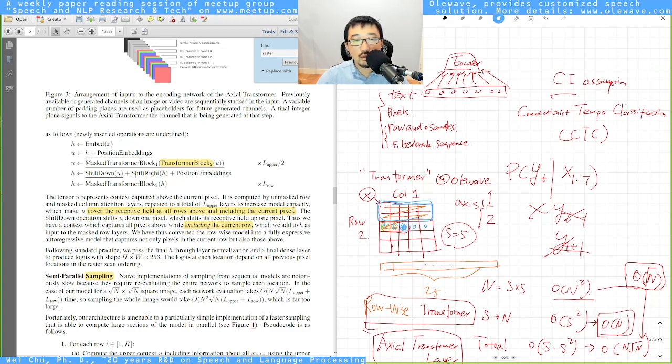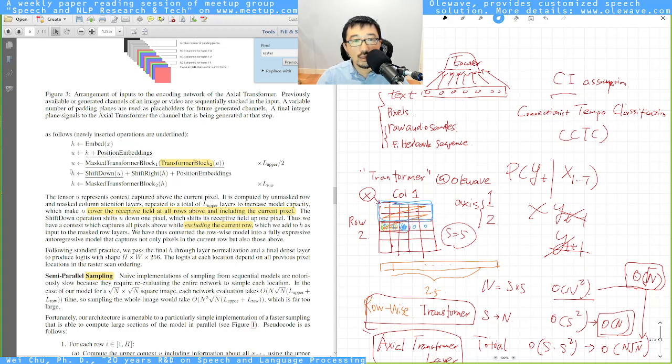And then to prevent the predictor from seeing the current pixel, they shift it down by 1 and shift it right by 1. This is easy to understand. And they add a position embedding again. I didn't quite get this, but I'm okay with adding the position embedding again.